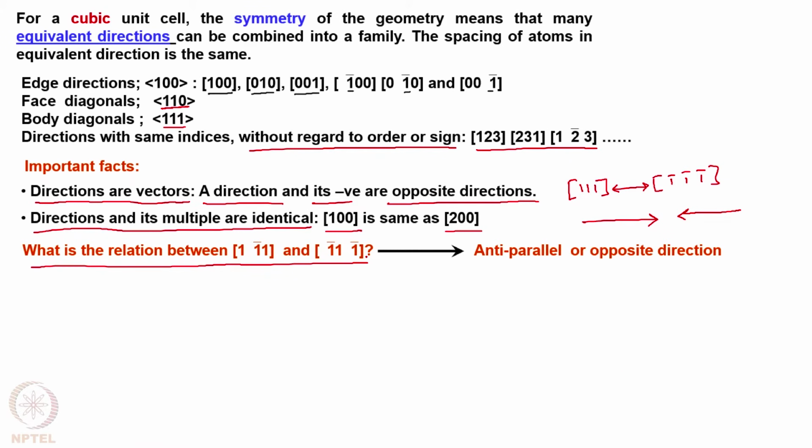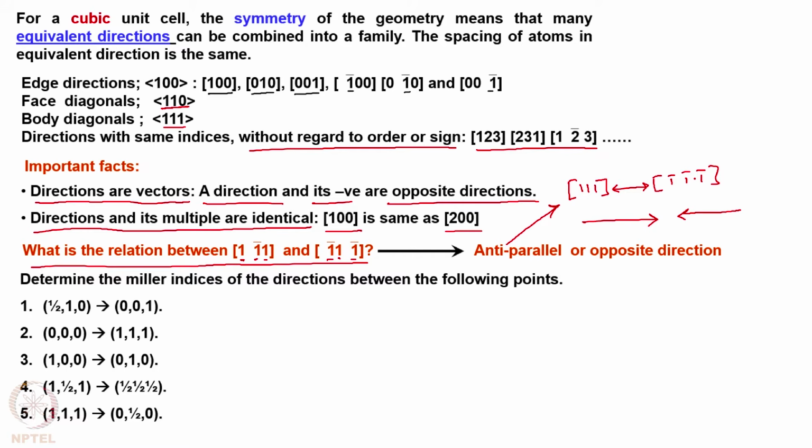The answer is antiparallel or opposite directions, because here the one which was plus is now minus, the one which was minus is now plus, and the one again which was plus is now minus. In the same manner as we saw 1 1 1 and 1 bar, 1 bar, 1 bar are opposite directions, it applies for other combinations also.